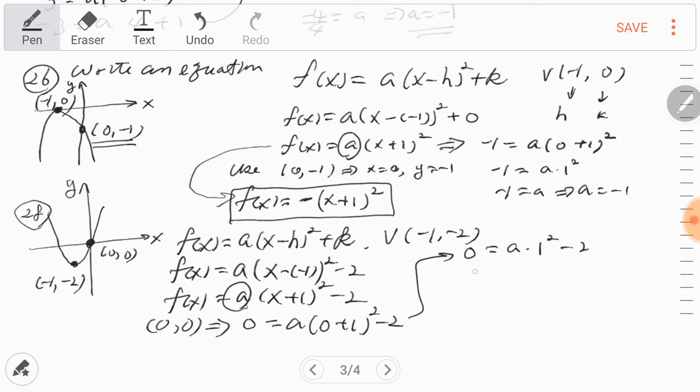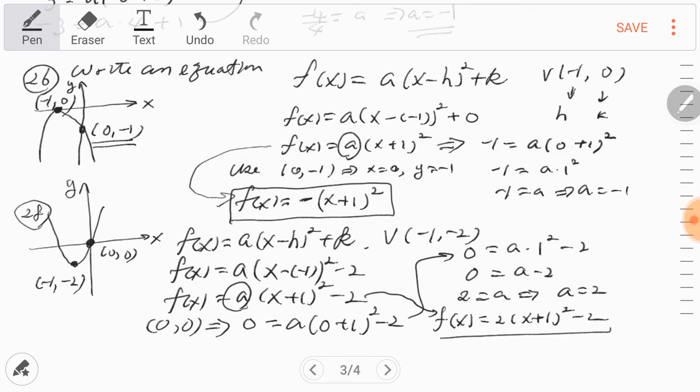Then 0 equals a minus 2. Move negative 2 to the other side, and positive 2 equals a, so a equals 2. So finally, our function is a, whose value is 2, times x plus 1 squared minus 2. So from here, we get the quadratic equation.